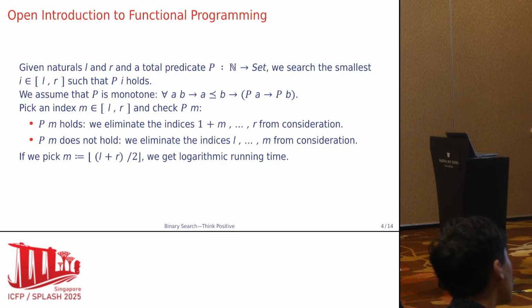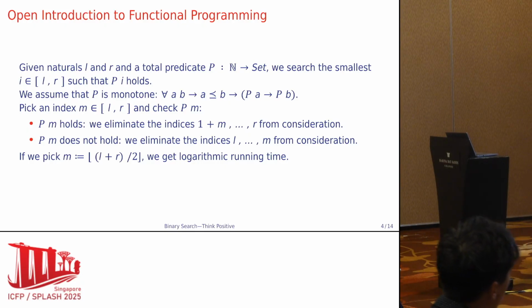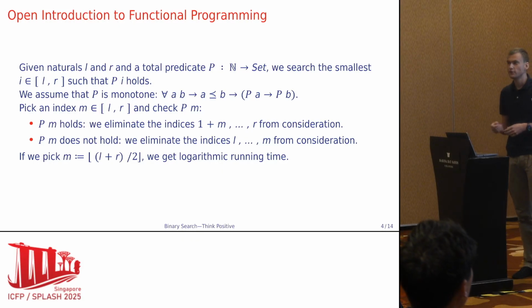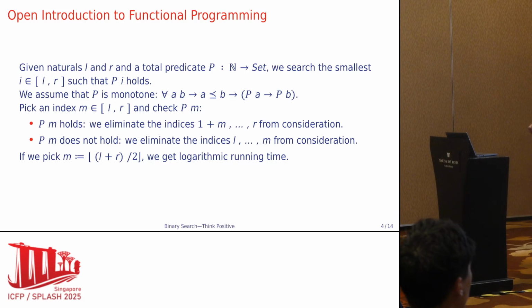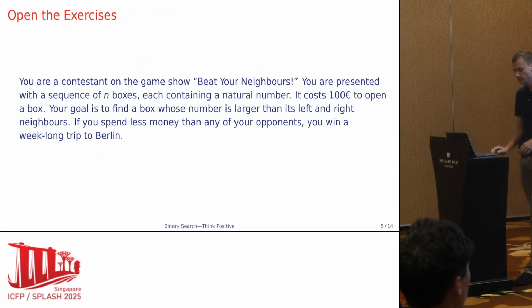So now you can open your favorite textbook describing binary search, and probably the definition there will be somewhat similar to one of these definitions. And now you can go a bit further in the textbook and open the exercises for this chapter, and you might find the following exercise.